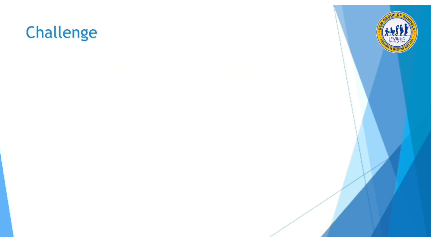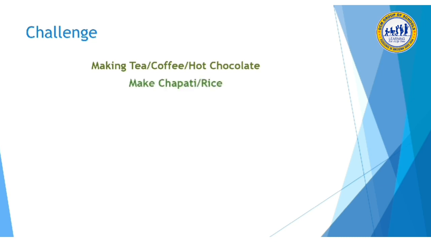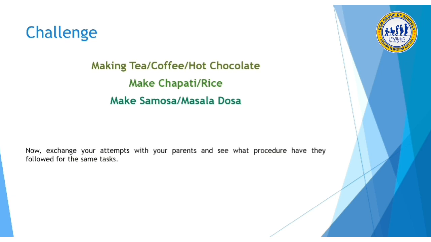And the challenge is to write an algorithm for making tea, coffee, hot chocolate, chapati, rice, and masala dosa or samosa. After writing the algorithms, exchange them with your parents and look at what procedure they followed for the same task.